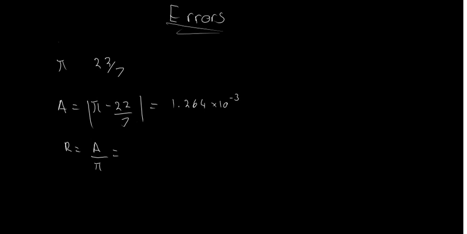So if we divide this by pi, so don't erase it from your calculator, what we're given is 4.024 times 10 to the power negative 4, right? So that's how you find the relative error.